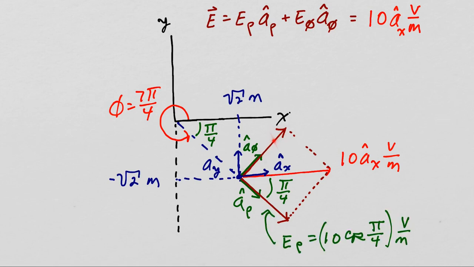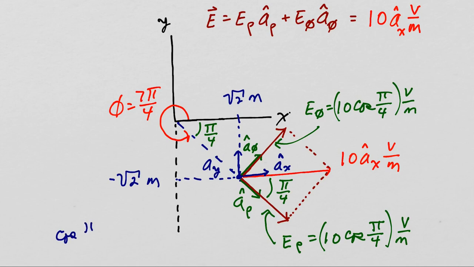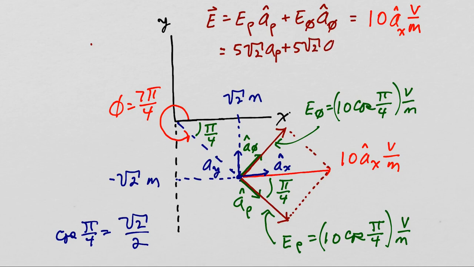Similarly, this side, which is the phi component, will be the hypotenuse 10 volts per meter times the cosine of pi over 4. And the cosine of pi over 4 radians is root 2 over 2. So the electric field intensity is 5 root 2 in the rho direction plus 5 root 2 in the phi direction volts per meter, and it's also equal to 10 volts per meter in the x direction.